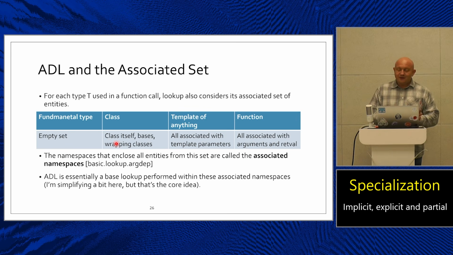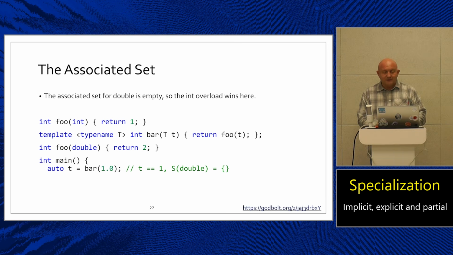So to put it all together, the second phase of two-phase lookup performs an unqualified lookup again, but it also performs an ADL-based lookup into the associated namespaces of the template arguments. This is how it can find better matches that weren't visible during the first phase.